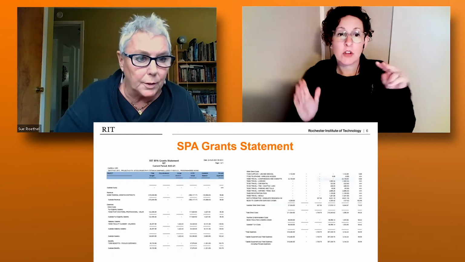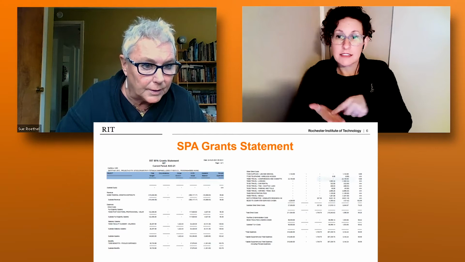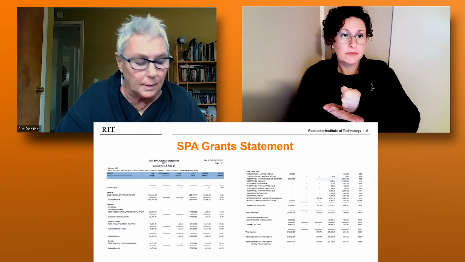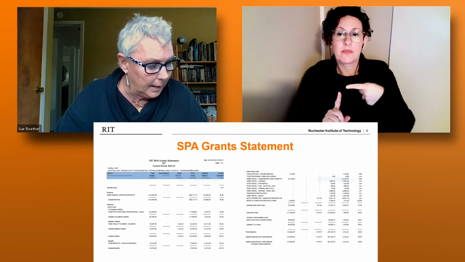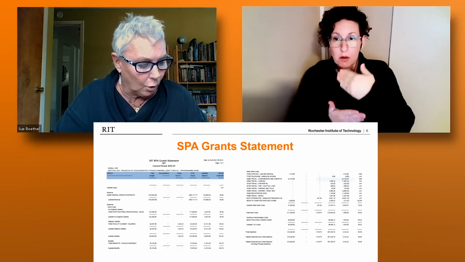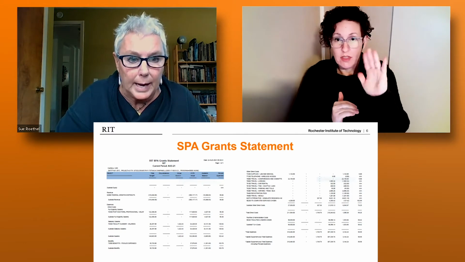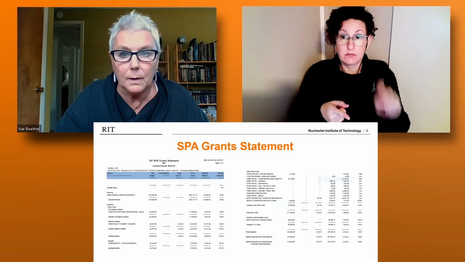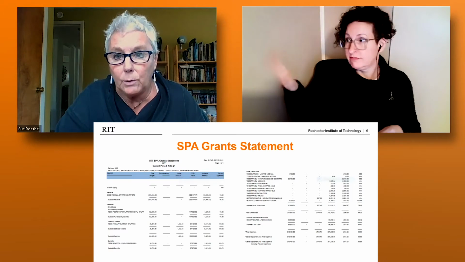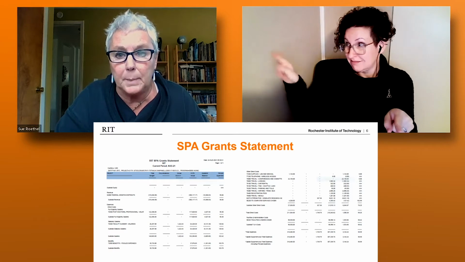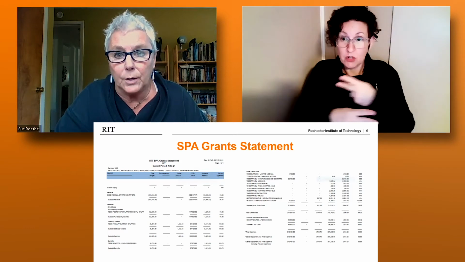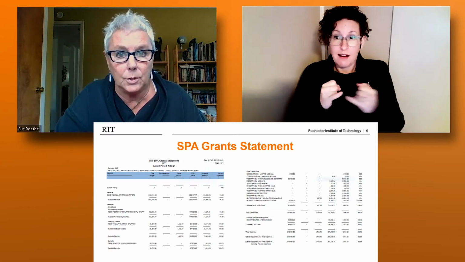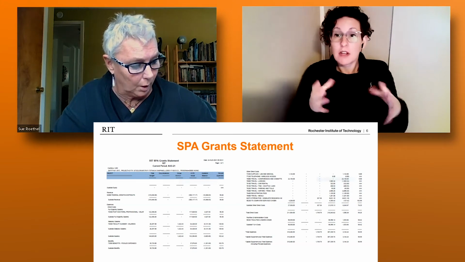If you can see faculty salaries, that is overspent, it's over budget, that particular line on this report. So that is something that we would point out to the PI: you're overspent here. We need to figure out how we're going to manage that budget category.